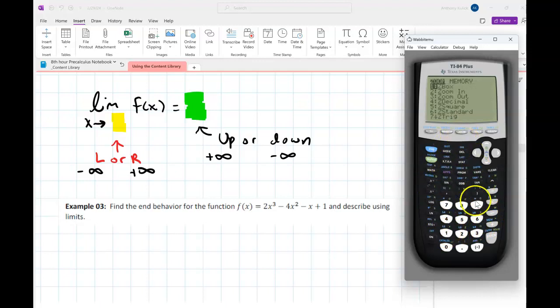And then I'm just going to zoom standard this. All right, so let's look at the left end of our graph. Which way is the left arrow pointing? Which way is the left arrow pointing on our graph? Up or down? Down. So how do we write the left arrow points down using a limit?